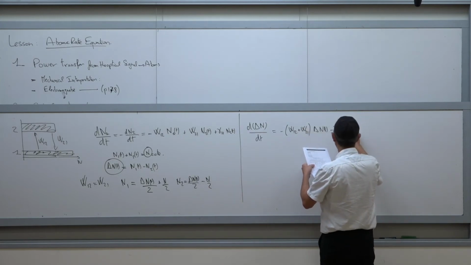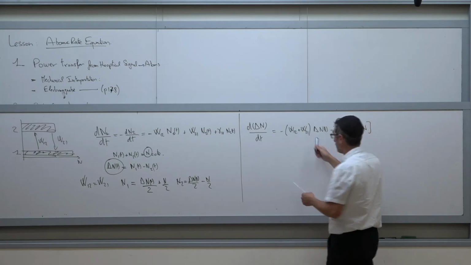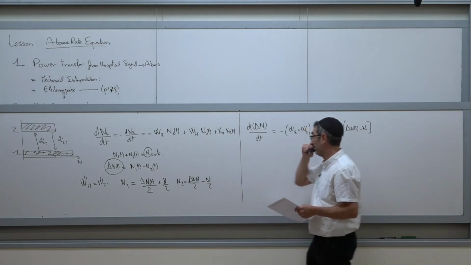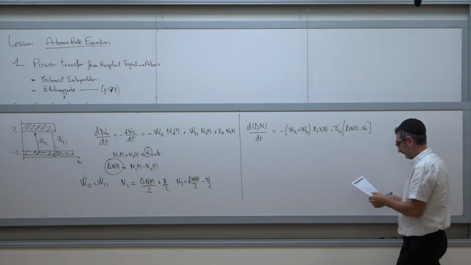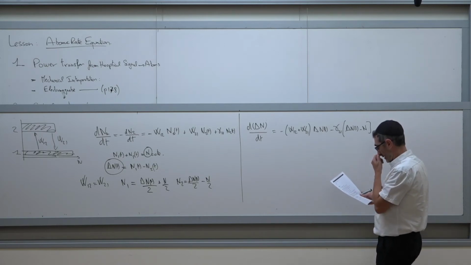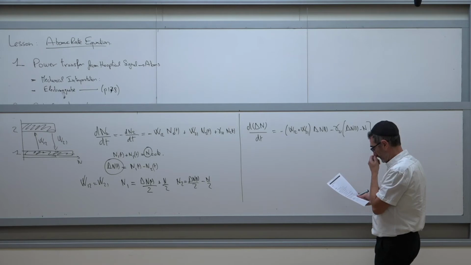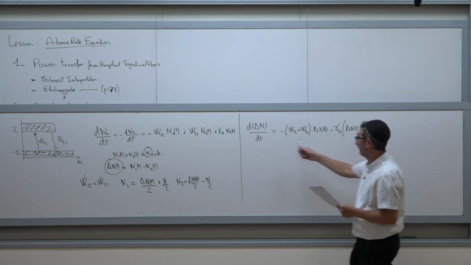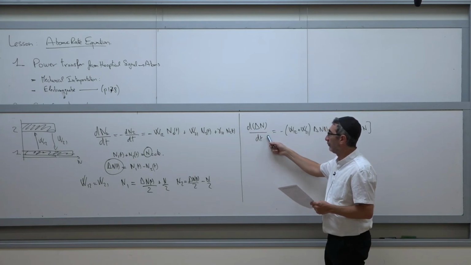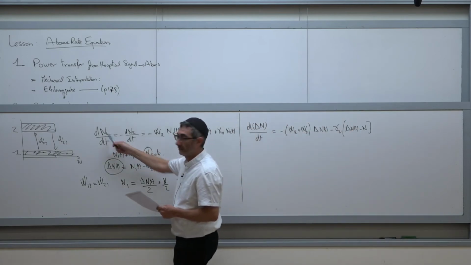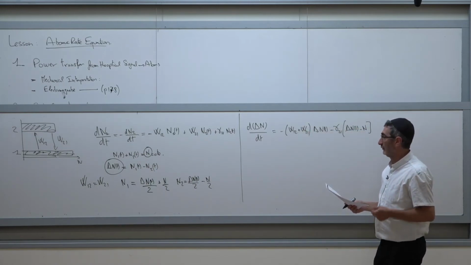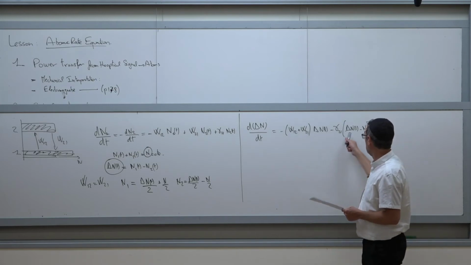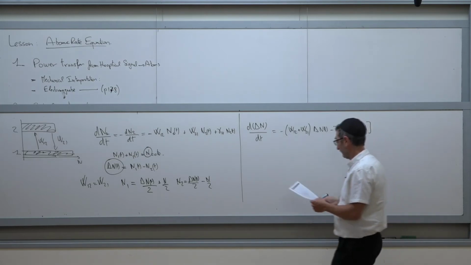N2 is delta N of t minus N over 2. I just rewrite what is here, but this time for delta N. The two is due to the fact that the derivative of delta N is twice the derivative of N1, so the factor of 1/2 here disappears.